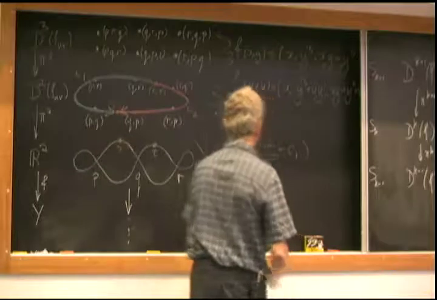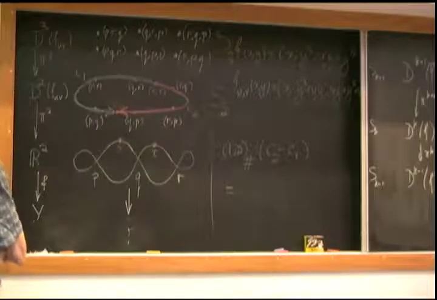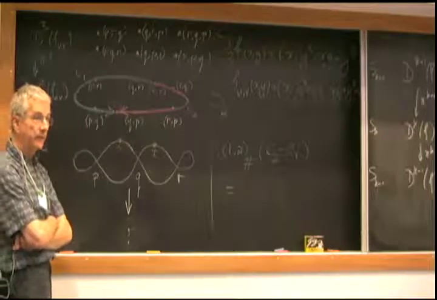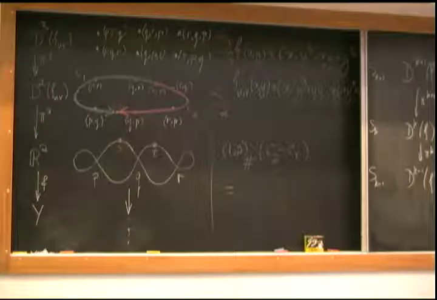C2 minus C1 is a cycle. It is a homology class because obviously the two have got the same boundary, and so when I subtract, I get 0.